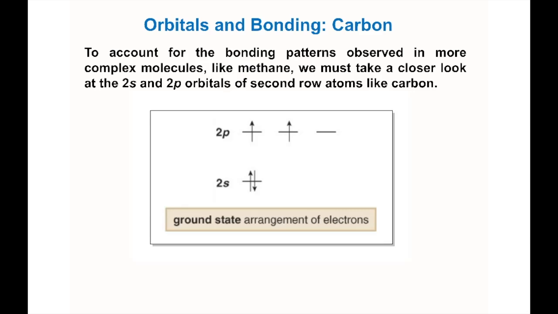But we would really run into some trouble if we tried to use these atomic orbitals, just as they are, to form covalent bonds leading to molecules. If we look at this carefully, we see that it can only form two bonds because only two of those electrons are unpaired. That would definitely present us with some problems.